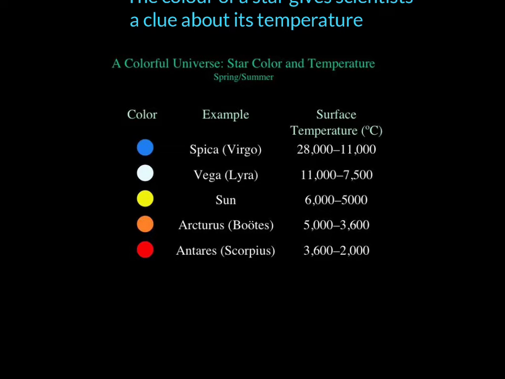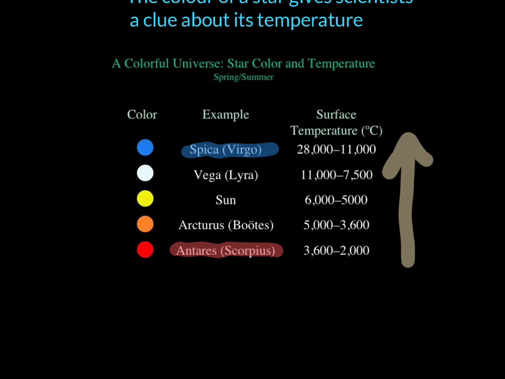And many students would get a little bit confused here because they would automatically think that red stars and red things are the hottest. But in actual fact, in physics, in nature, wavelengths and things which are red in the visible spectrum have less energy than things which are blue. So in actual fact, the temperature increases as you move up from bottom to top there. And we can see that the color gives you an idea of the surface temperature.